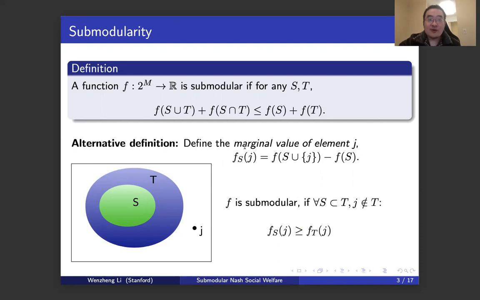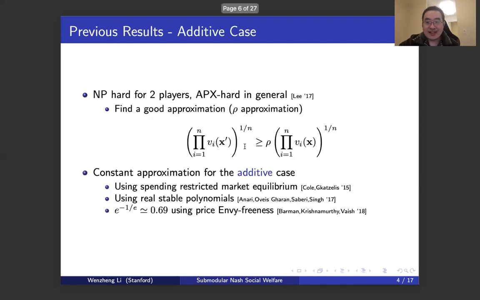So far that is the definition of the Nash Social Welfare problem. Unfortunately, this problem is known to be quite difficult. More specifically, it's APX-hard in general, and even with only 2 players, it's still NP-hard. So that means we can only hope for constant approximation. However, constant factor approximation, even for the additive case, is still highly non-trivial.